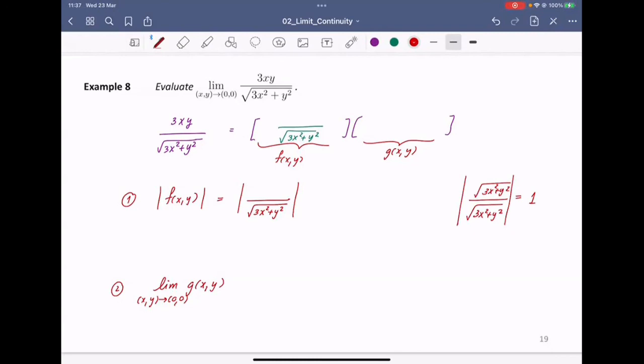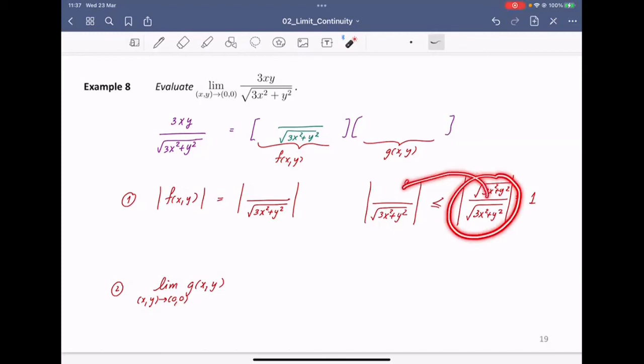So how do I bound it? This term, I guarantee that it's going to be greater than or equal to square root, well, in the bottom I didn't touch anything, but this term on the right hand side, it's going to be bigger than square root y squared. Would you agree? Because you compare it. Look, the one that I highlight in yellow, y squared, and this is 3x squared plus y squared.